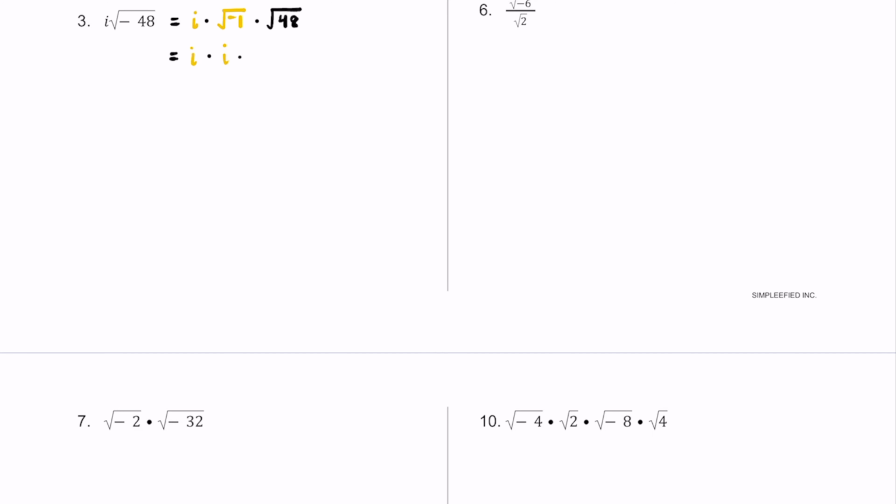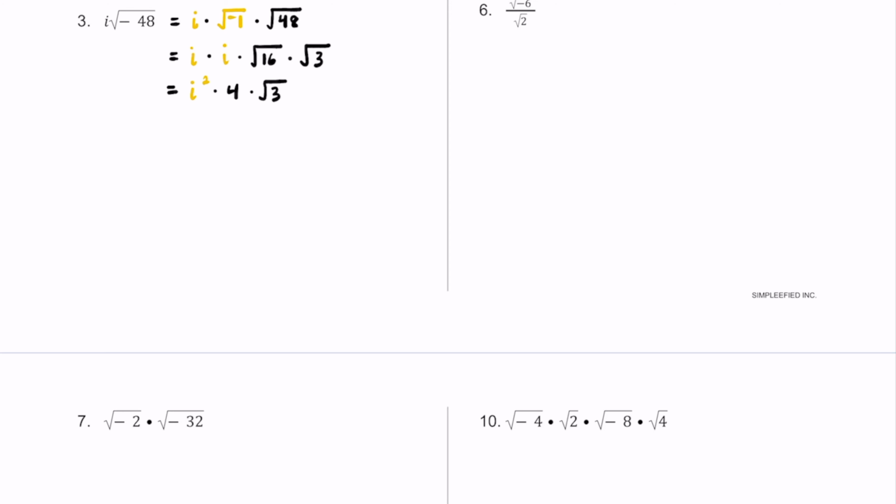And then for the square root of 48, I'm going to break that into the square root of 16 times the square root of 3, because 16 is the biggest perfect square factor for 48. Okay, now if you multiply this i times i together, that is going to get us i squared in front. The square root of 16 is equal to 4, so we'll have this multiplied by 4, and then we have the square root of 3, that's irrational.